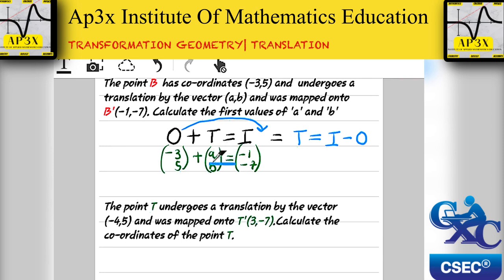So we're going to have (A, B), which is the matrix we're looking for, and we're going to write this matrix here, (-1, -7), and when we carry this matrix over, we're just carrying the whole entire bracket, or the vector.